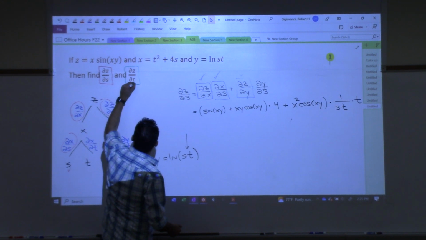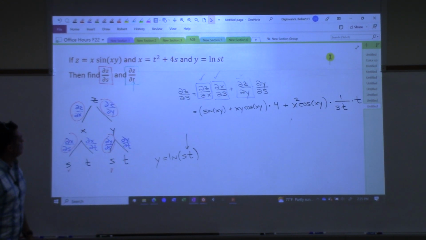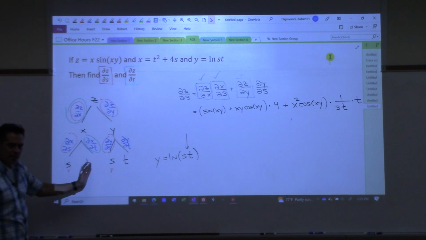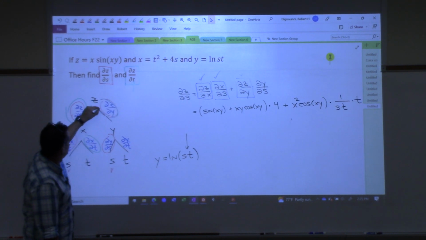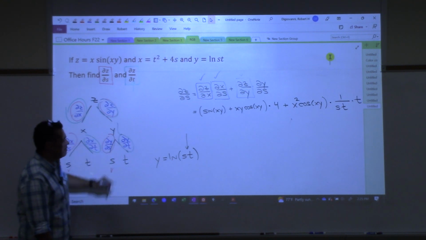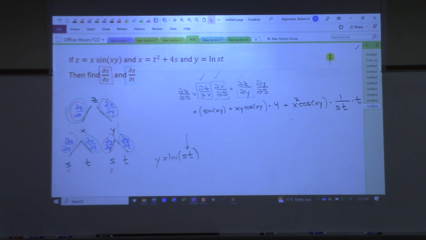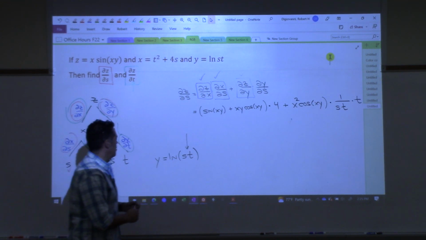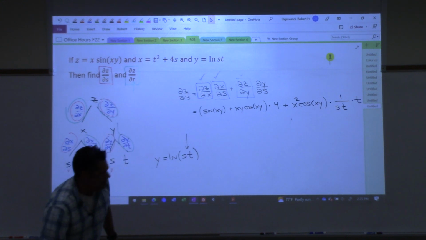So we need to get down to t. What we do is the same game, except notice that to get to t, I've got to go down this branch and then down that branch. Here and then down the right side. And then here and then down the right side here. So I'm just going to write the formula. We're not going to actually compute it, because I think you get the idea.